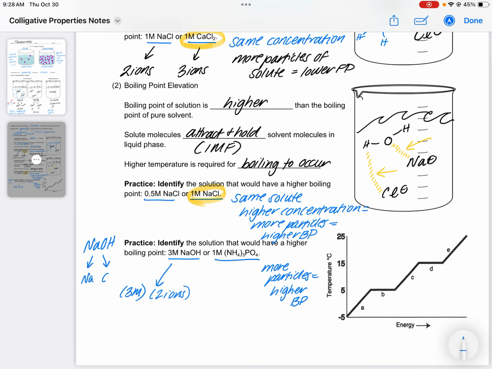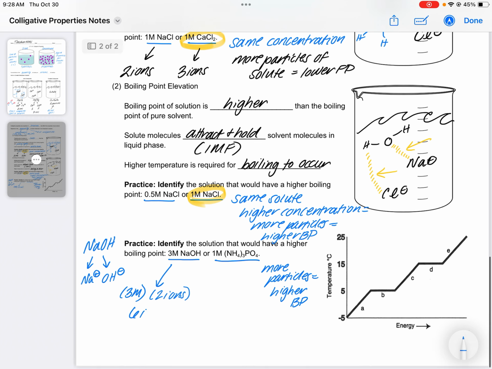So Na goes on one side, OH goes on the other. Sodium is a +1 charge. We get that from the periodic table. And in order to cancel out that +1 charge, my OH needs to have a -1 charge. There's only one of each of them, and so it's just going to be 2 ions. 3 times 2 is 6, and so this substance will give off 6 ions.